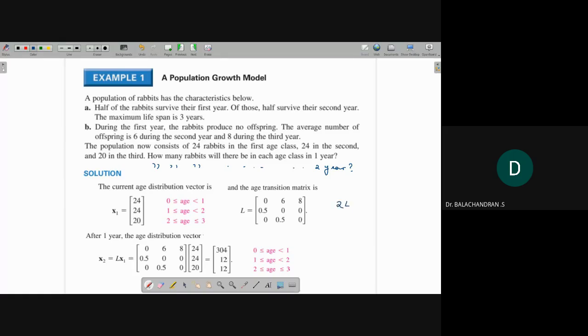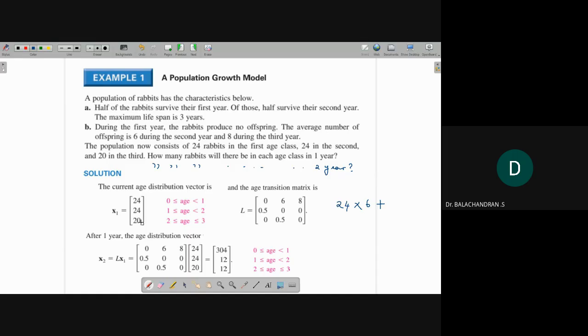Each one produces how many? The average number of offspring is 6 during the second year. So 24 into 6, plus 8 during the third year.